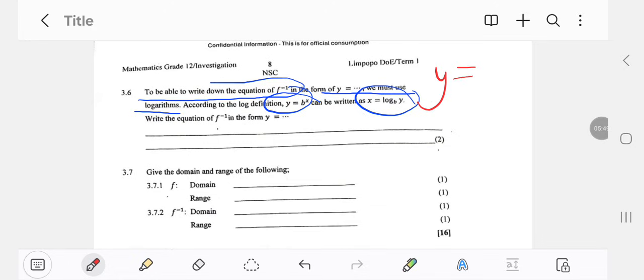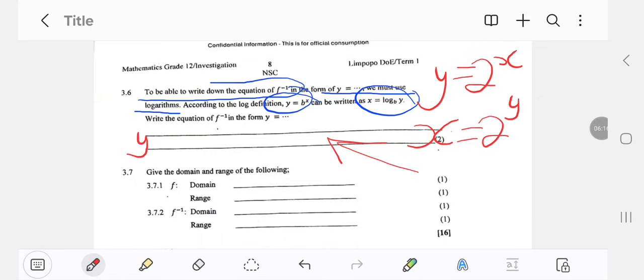The original equation, the inverse is this one: x is equal to 2 to the power y. So the answer that we are looking for, y is equal to log base 2 of x.